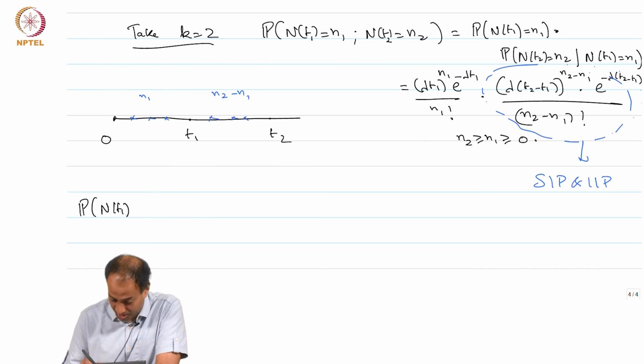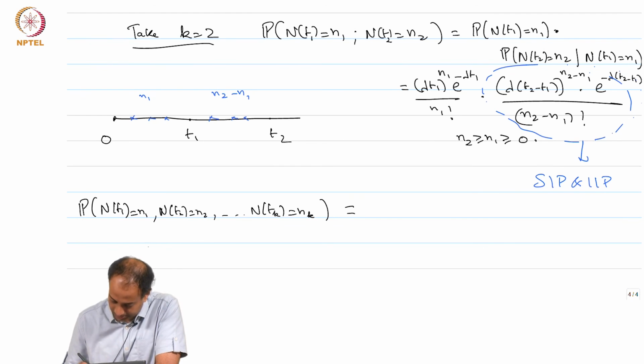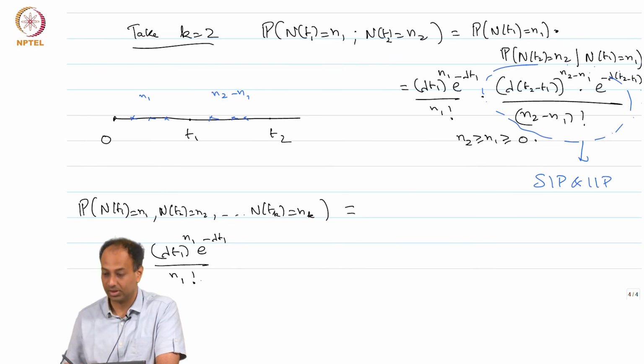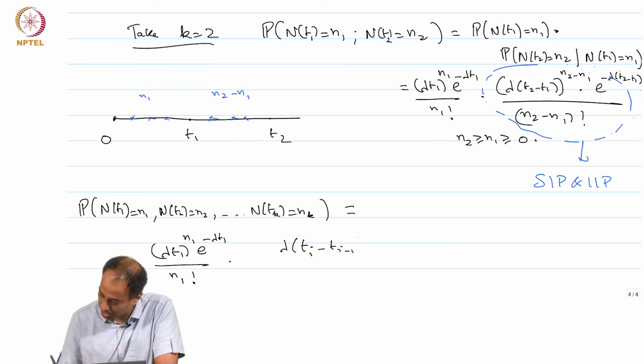The probability that N(T1) equals n1, N(T2) equals n2, dot dot dot, N(Tk) equals nk, will turn out to be (lambda T1) to the n1, e to the minus lambda T1, by n1 factorial, times lambda (Ti minus Ti minus 1) whole raised to ni minus ni minus 1.